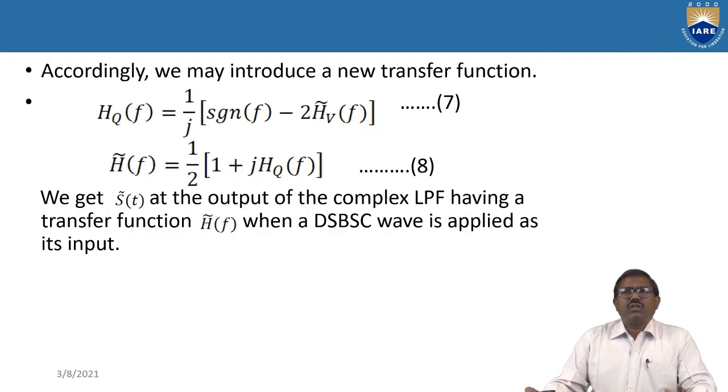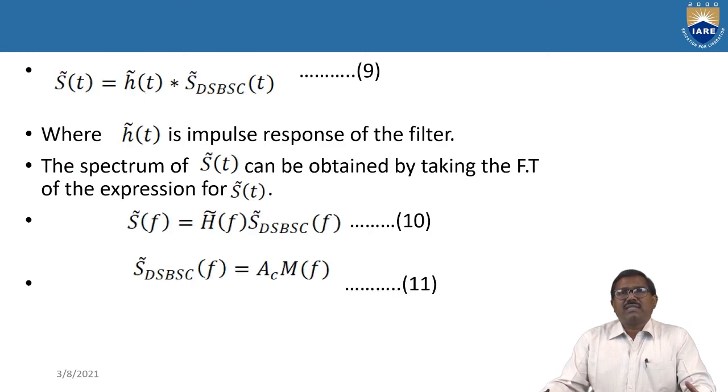We are also going to find the transfer function HQ of f, which is equal to 1 by j signum function of f minus 2 H tilde V of f. After solving these transfer function equations, we get the final USB signal.